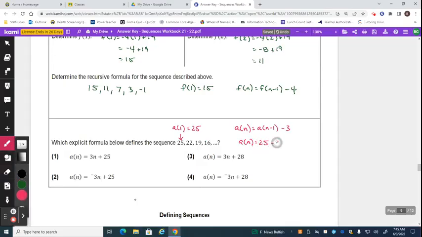We're going to subtract 3 n minus 1 times. And if we do a little simplifying, we get negative 3n plus 28.